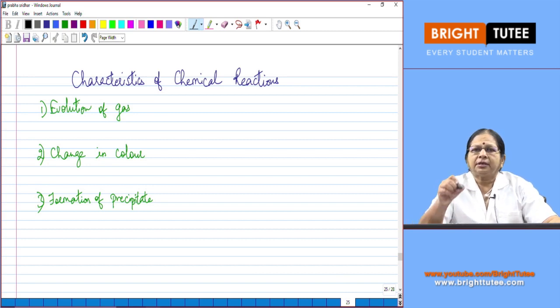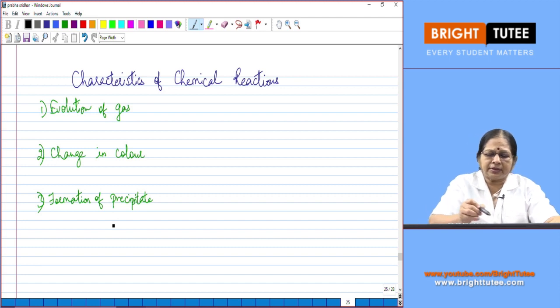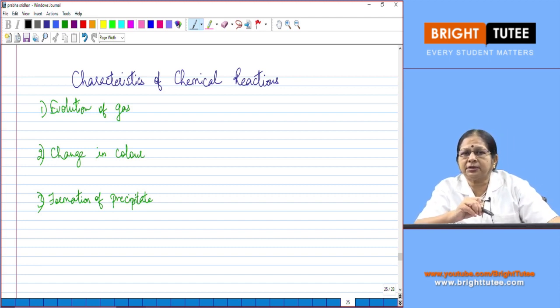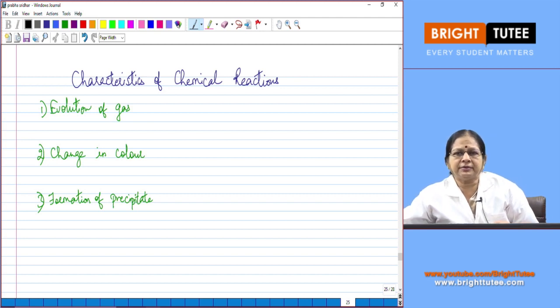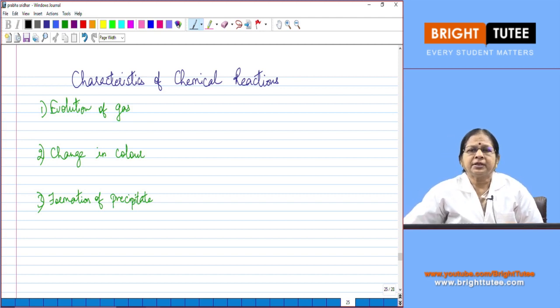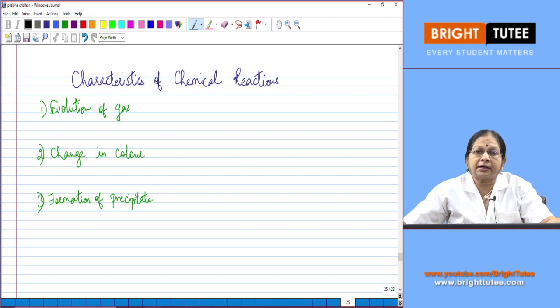How do we know that a chemical reaction has happened? For that, the major characteristics are four. Evolution of gas: some chemical changes we can understand only when gas is evolved. Say for example, we pick up a zinc granule in a test tube and add dilute acid to it, it gives out with brisk effervescence a colorless gas which is hydrogen.